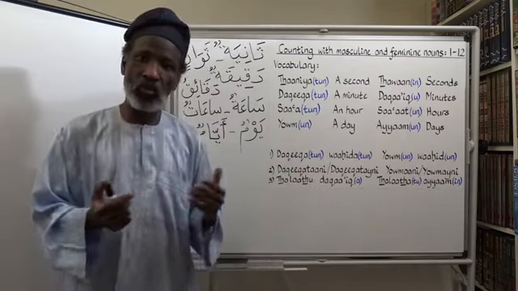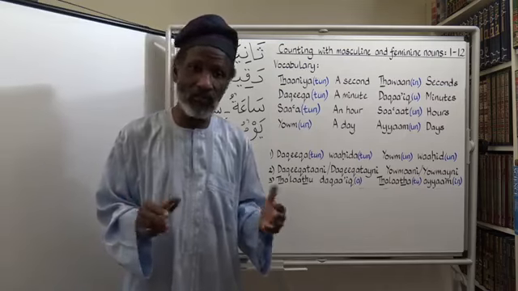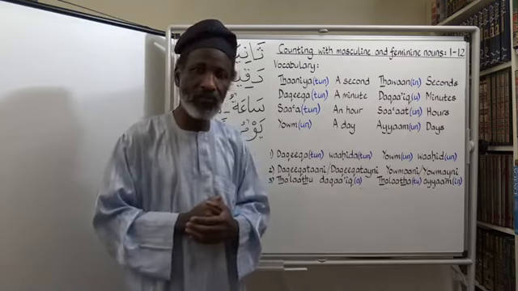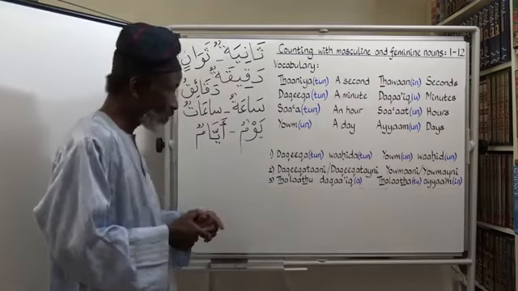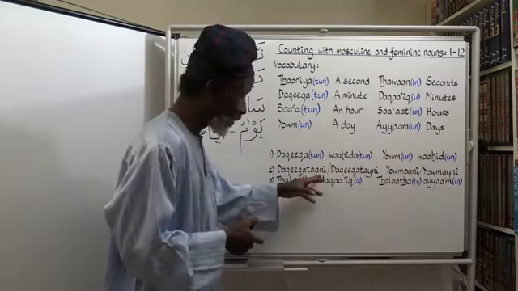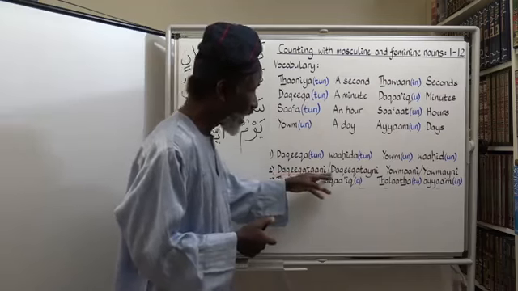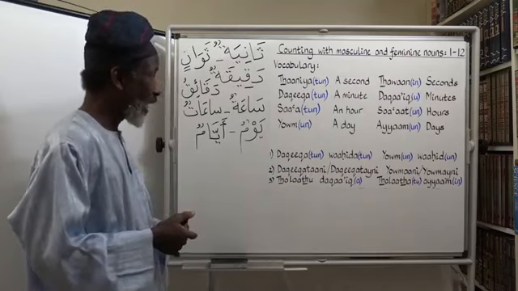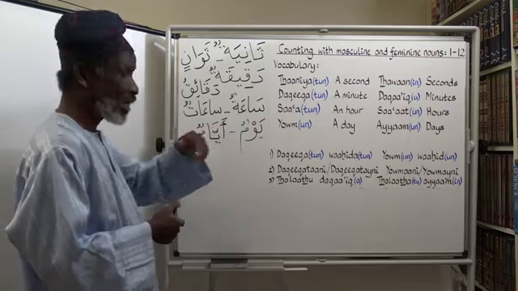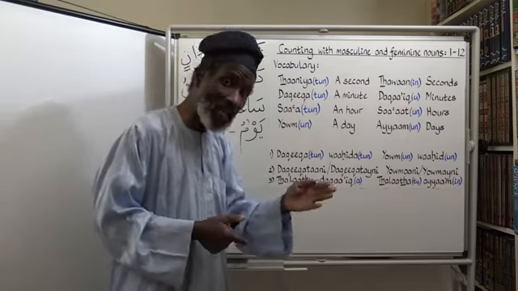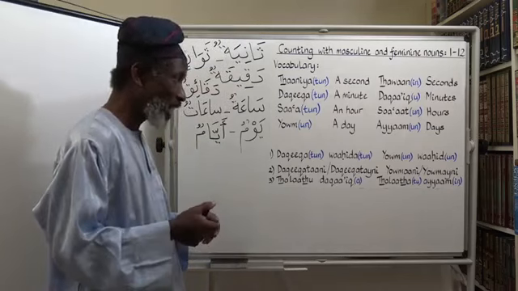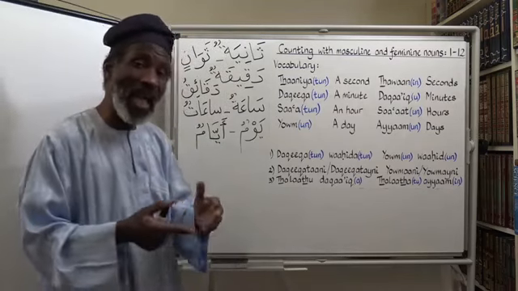دقيقتان. 2 minutes. It's understood already. But if you want to use a number with it, then it must be the same pattern. دقيقتان. It's feminine, as we said before, in بنتان اثنتان. So دقيقتان اثنتان.